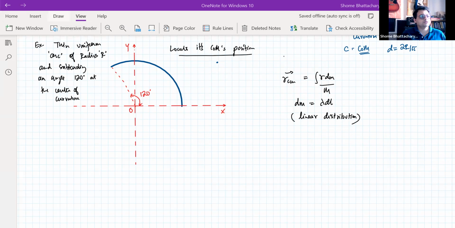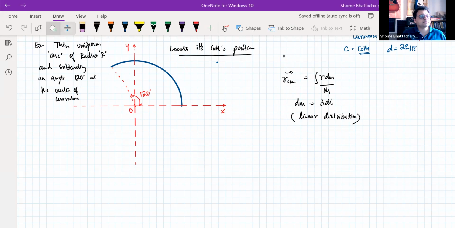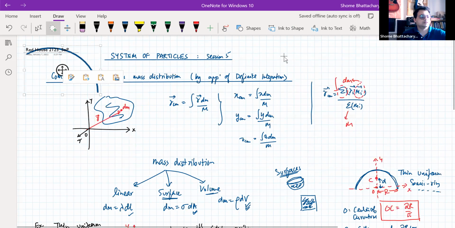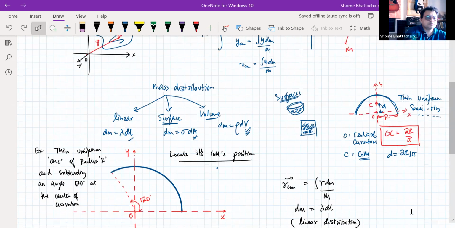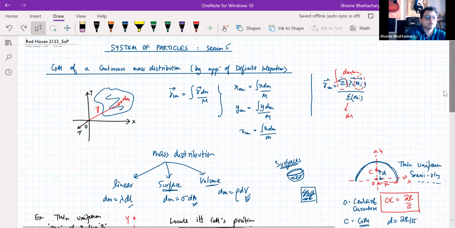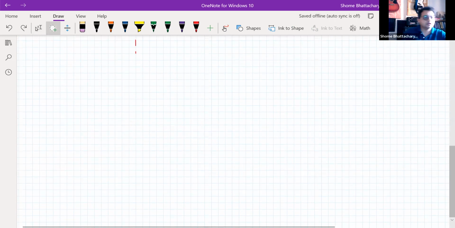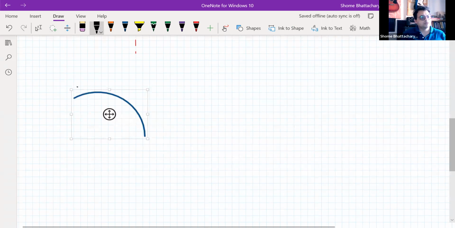What we'll have to do is reorient our system of axes, or take the axis of symmetry as an axis for ourselves. Just a moment, let me redraw the diagram. I hope everyone has understood this business of axis of symmetry.